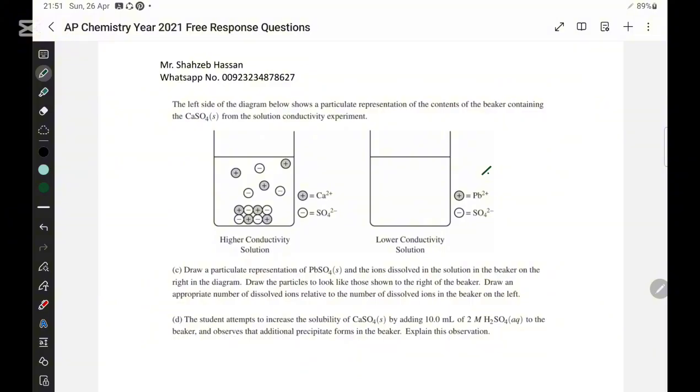For lead sulfate, its solubility is less, so a smaller number of ions are going to form when it is dissolved in water. So this is a correct representation.